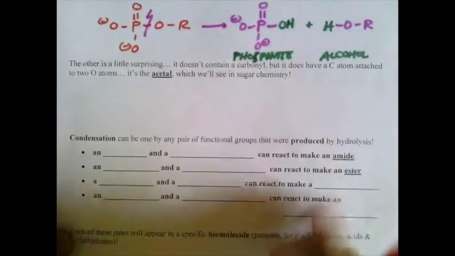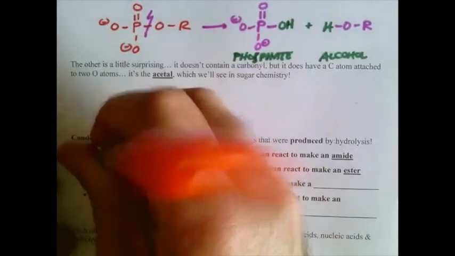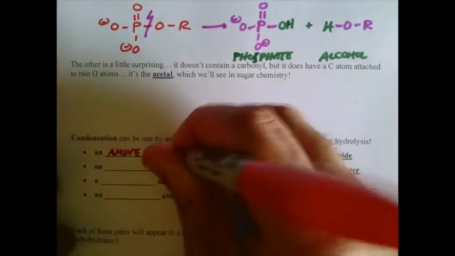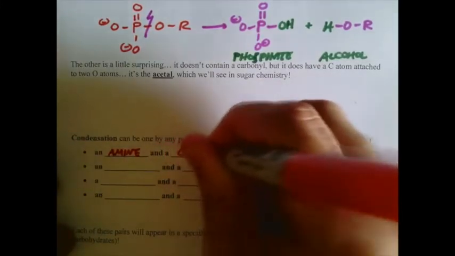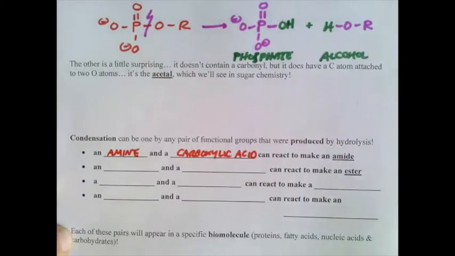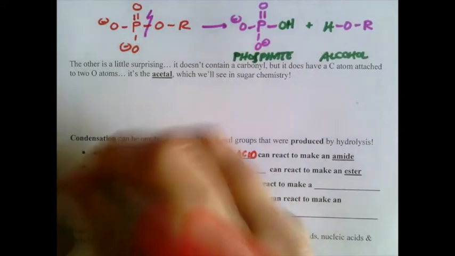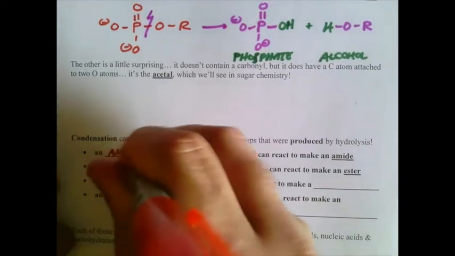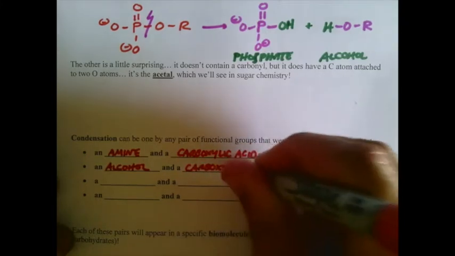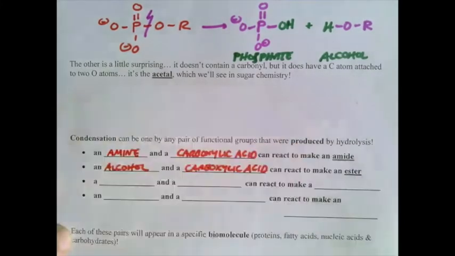We already knew that to make an amide, you needed an amine and a carboxylic acid, since that's what you make when you hydrolyze an amide. Similarly, it was an alcohol and a carboxylic acid needed to make an ester.